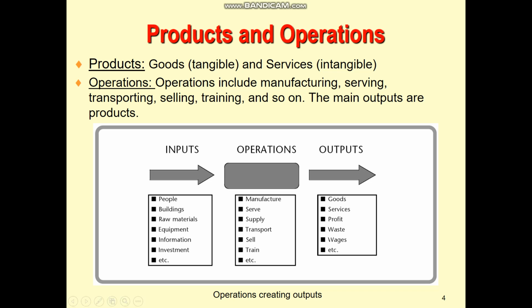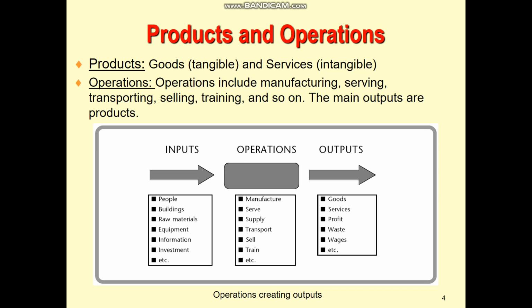Operations include things like manufacture, serve, supply, transport, sell, train. It's the same as when we cook. When we mix, we add, then we serve to the customer who eats. Okay.